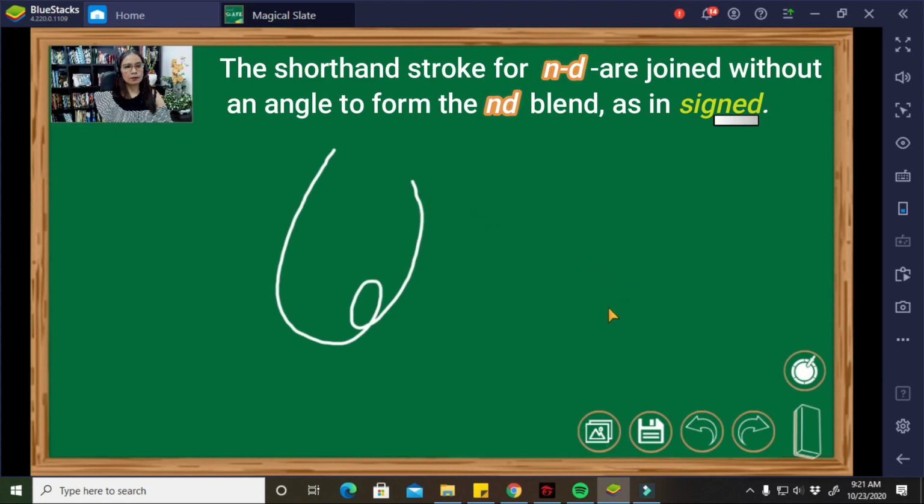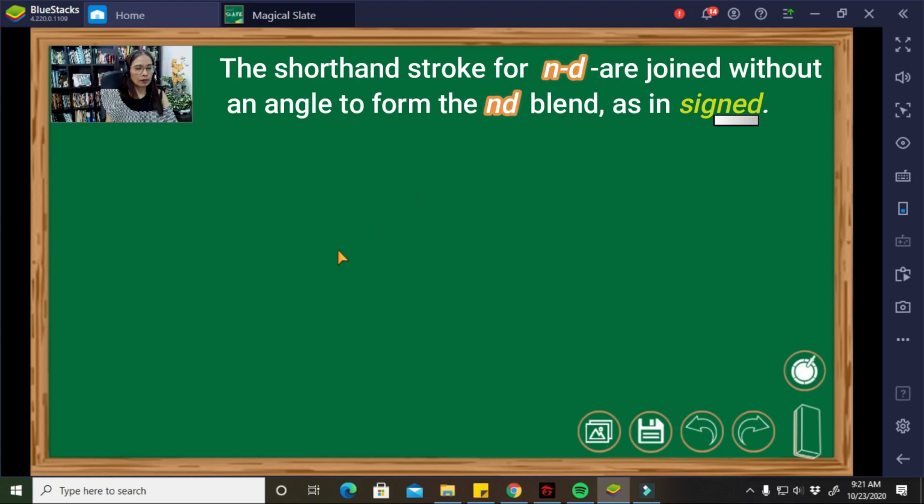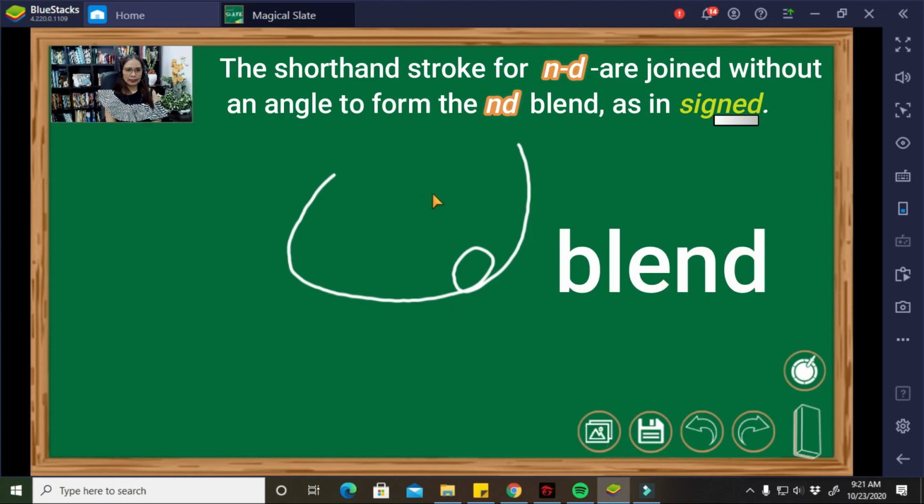The word now is brand. Very good. Let's have the last example. What is this? A forward curve, a big circle, and an upward blending symbol. What's the word? Very good, that is planned.